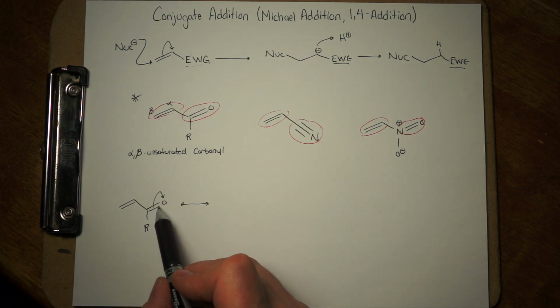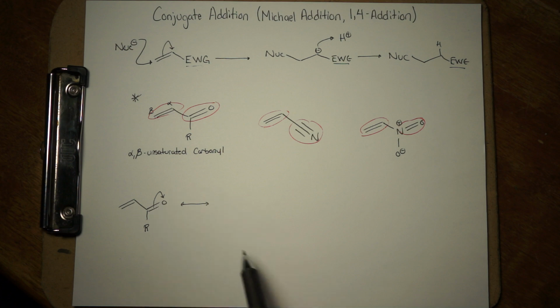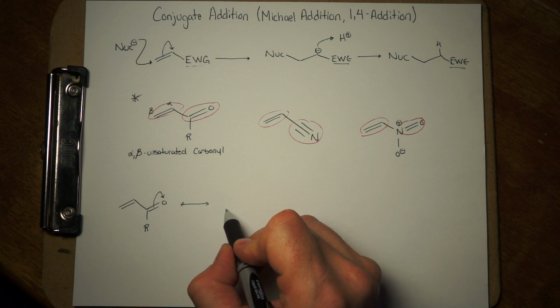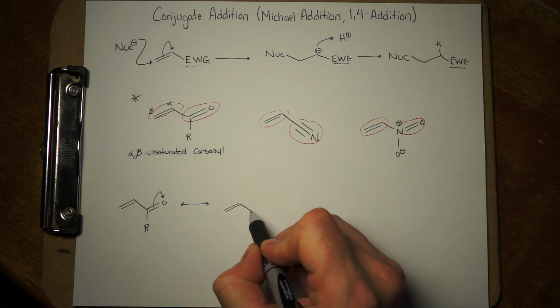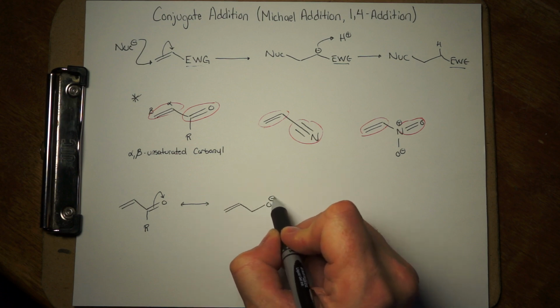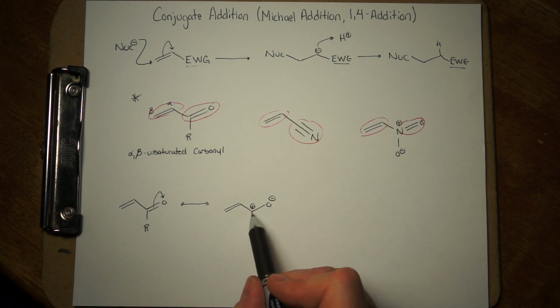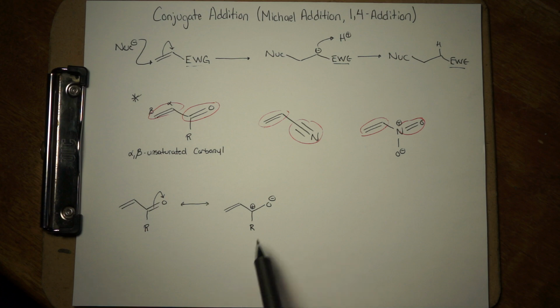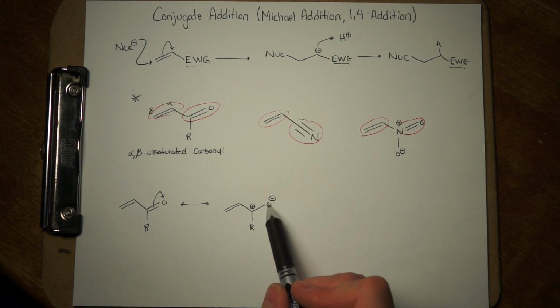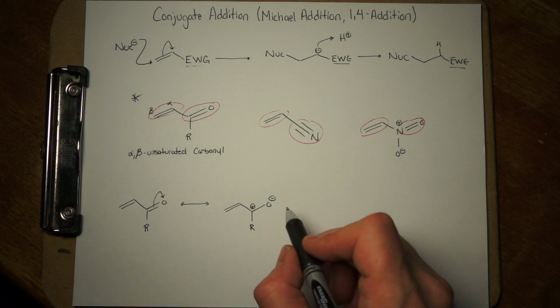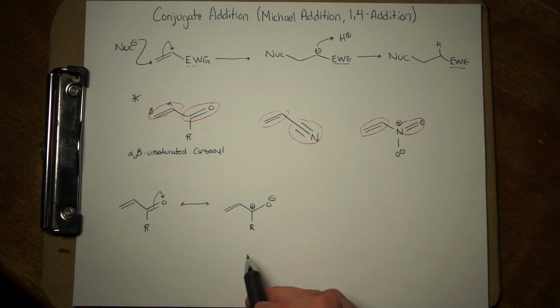And when that pi system breaks, those pi electrons are going to go towards the more electronegative atom. And so this resonance structure illustrates some of the reactivity of a carbonyl, showing that the carbon has a formal positive charge in this resonance structure and oxygen has a formal negative charge. And we know that resonance structures are an overall average of all of the resonance.